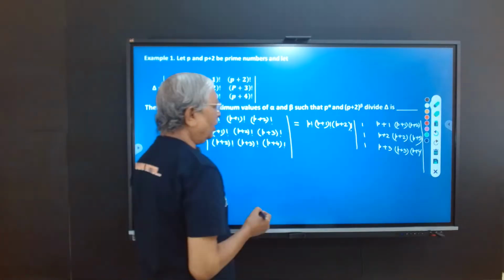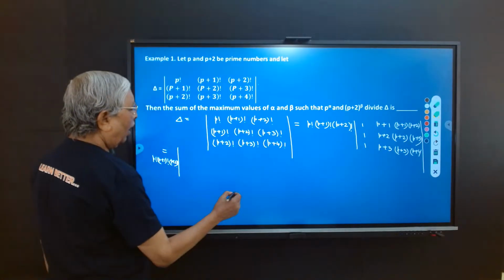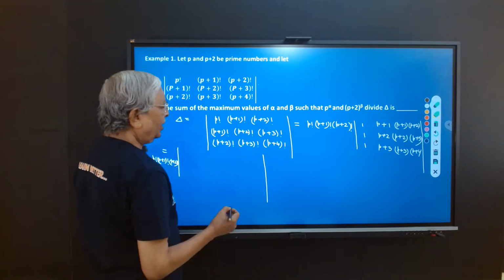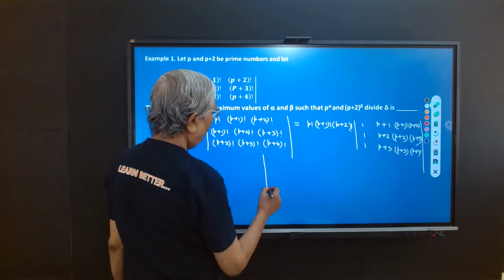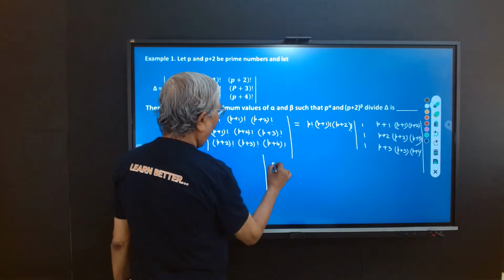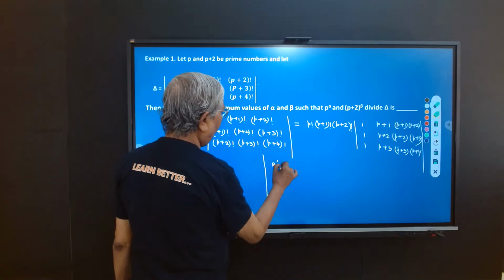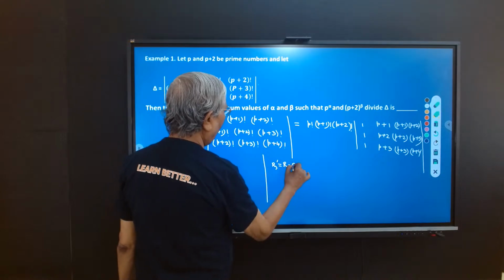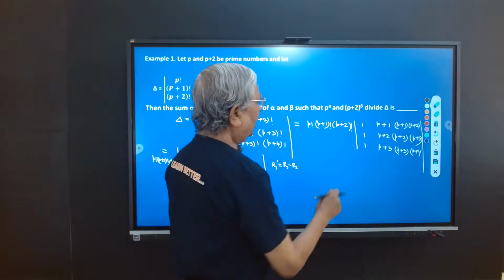R3 dash is equal to R3 minus R2, the third row changed.